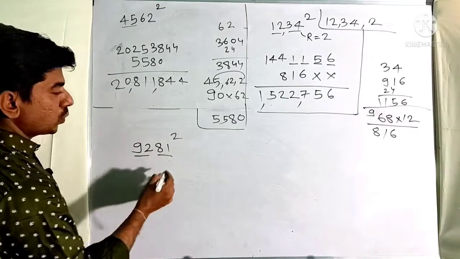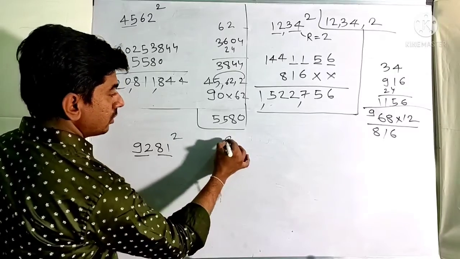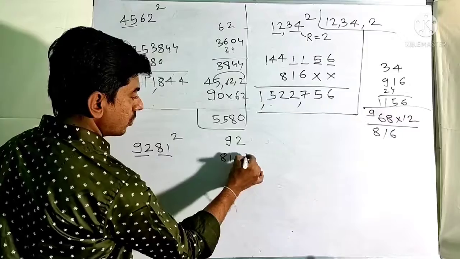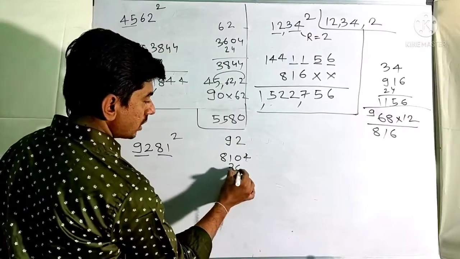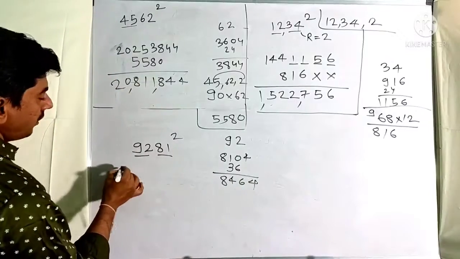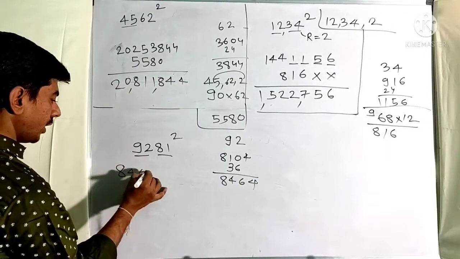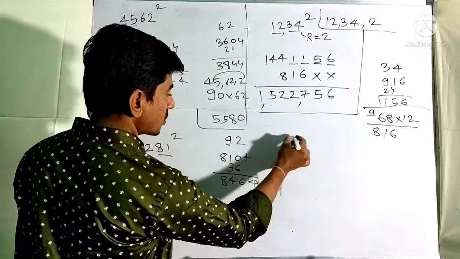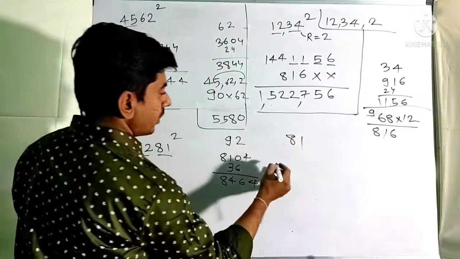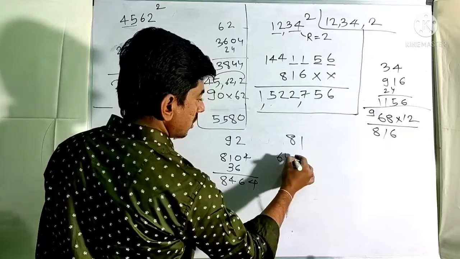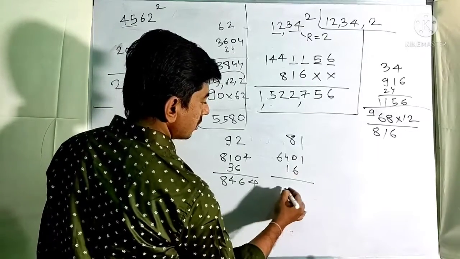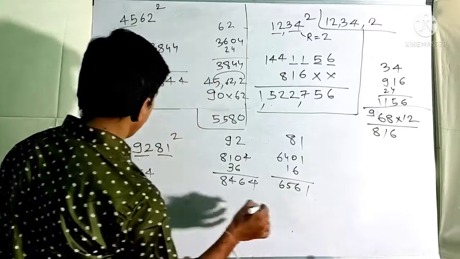We have to find the two numbers separately. The square of 92: 9 9s are 81, 2 2s are 4, 9 2s are 18, 2 18s are 36, 8464. 8464 is the square of 92. Now let us find out the square of 81. 8 8s are 64, 0 1, 8 1s are 8, 2 8s are 16, 6561.